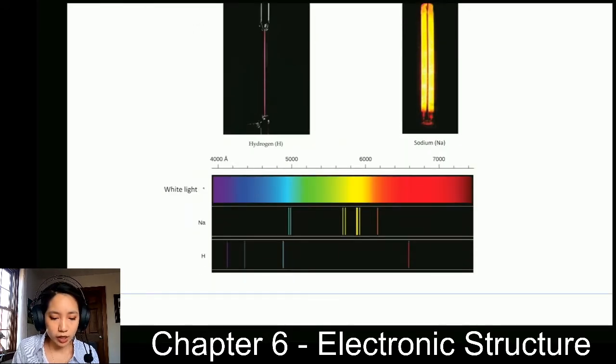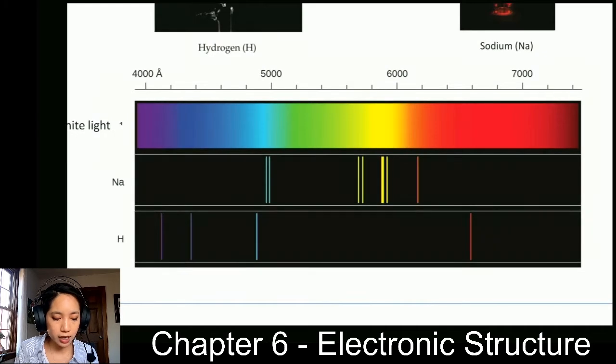So here's what we see with our hydrogen and sodium discharge tubes. Let's look at hydrogen first. When that tube is filled with hydrogen, we see these four different lines appear. Those lines just correspond to specific components of the whole white light spectrum. It's not just white light, it's only these specific colors.